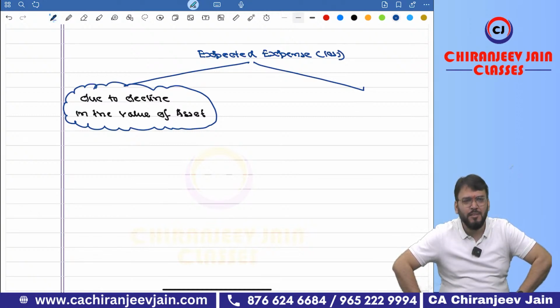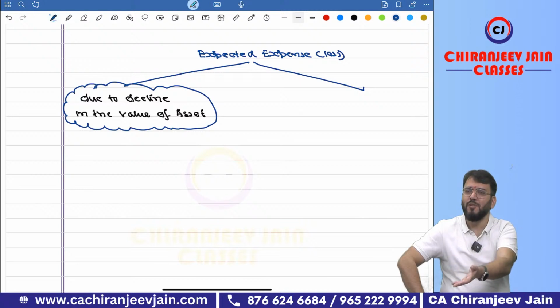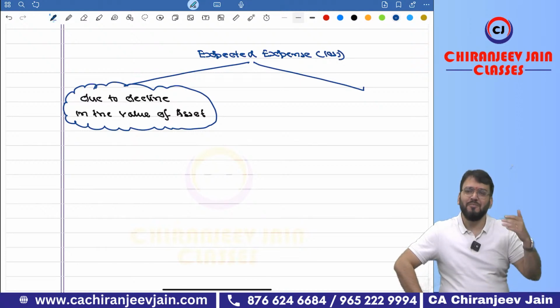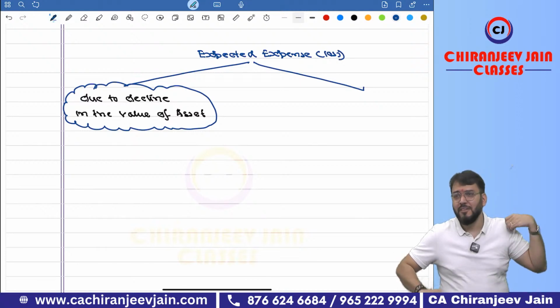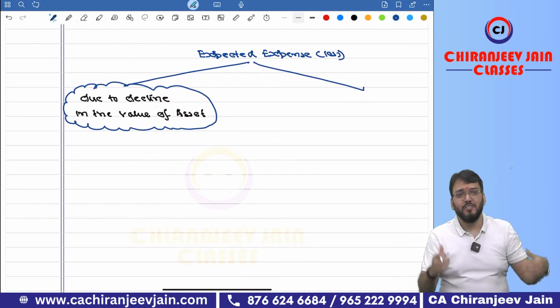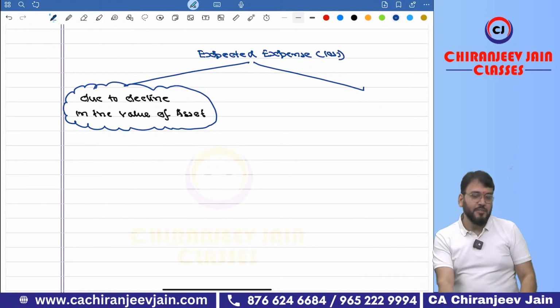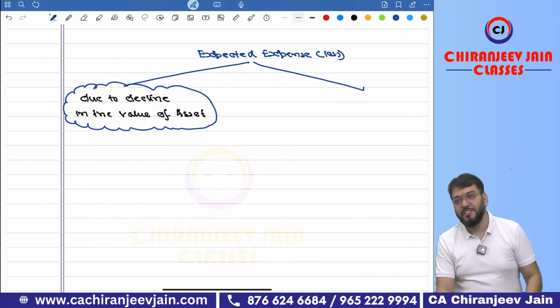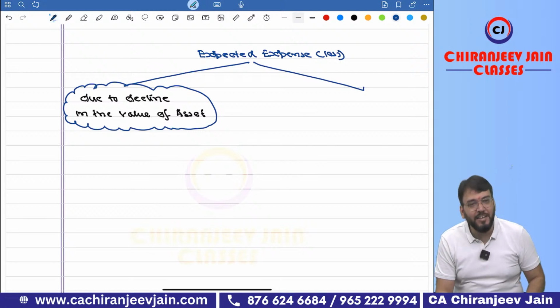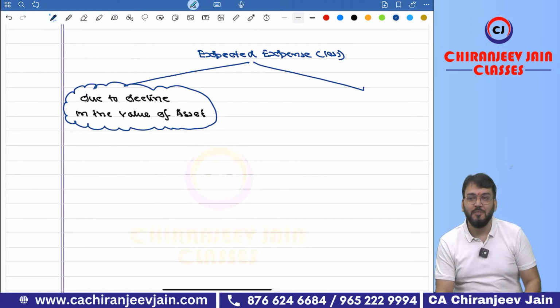Can you give me some example? No example? The best example is provision for doubtful debt. After I say it, don't respond. I don't have so much time to wait. I am giving you a chance to react. Once you start reacting, you become CA, but you need to react before me.